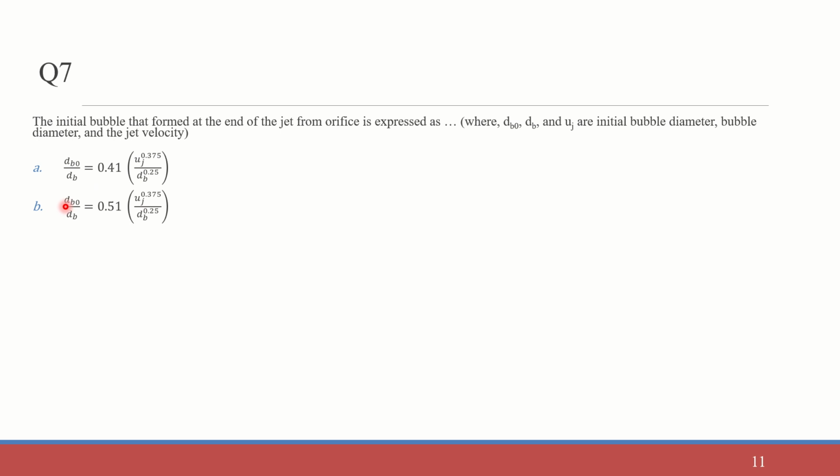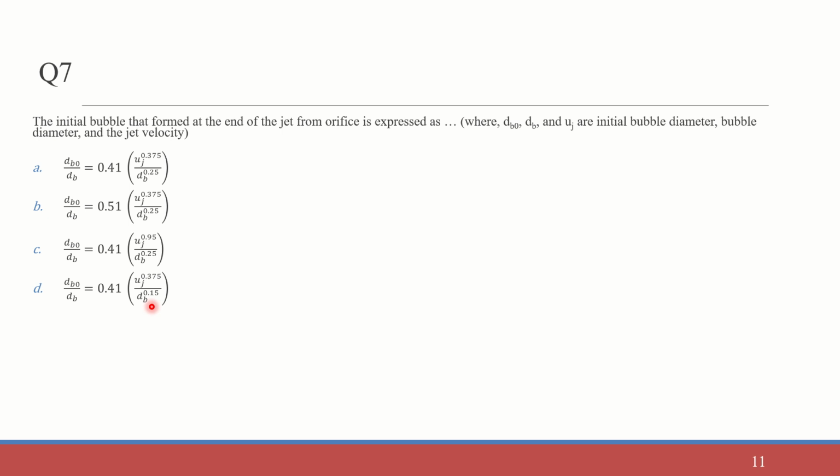Option B: dB naught divided by dB is equal to 0.51 into Uj power 0.375 divided by dB power 0.25. Option C: dB naught by dB is equal to 0.41 into Uj power 0.95 divided by dB power 0.25. Option D: dB naught by dB is equal to 0.41 into Uj power 0.375 divided by dB power 0.15. So these are the options.